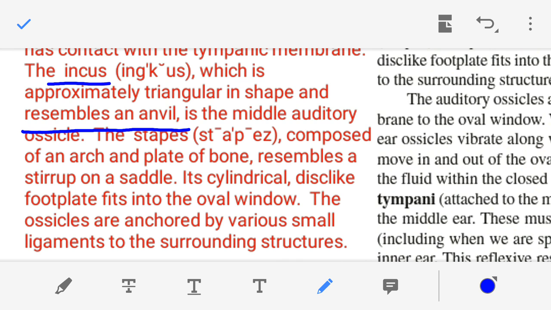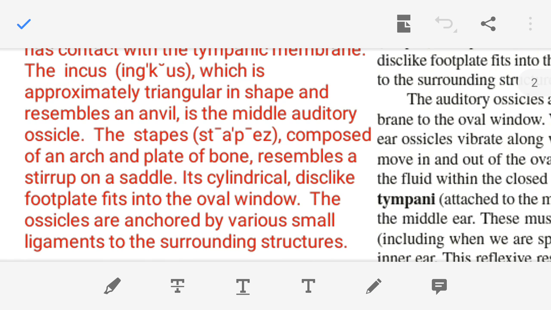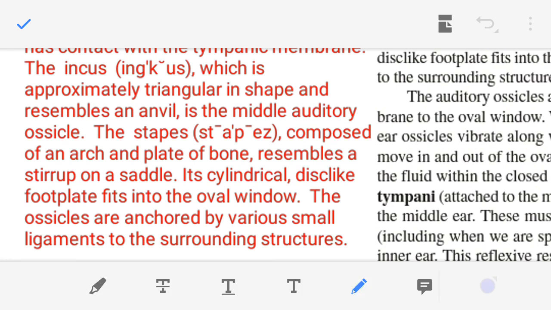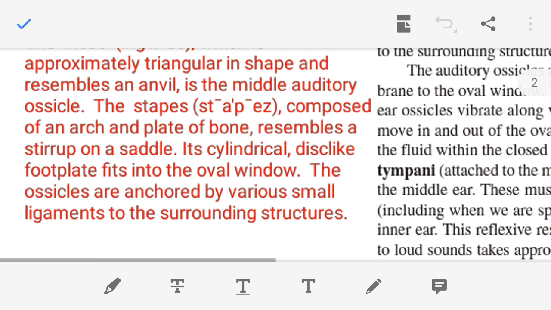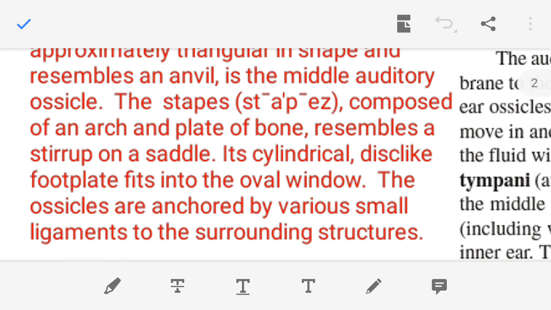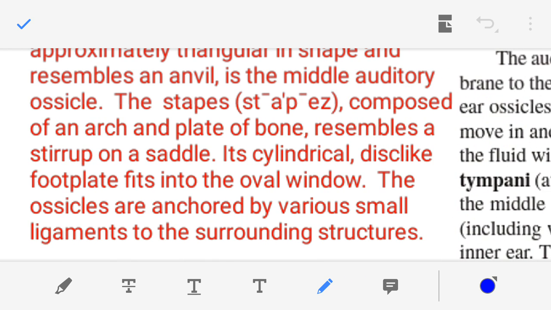So the shape of the incus is like an anvil. This incus is the middle auditory ossicle, and the last one, the third one, is the stapes.